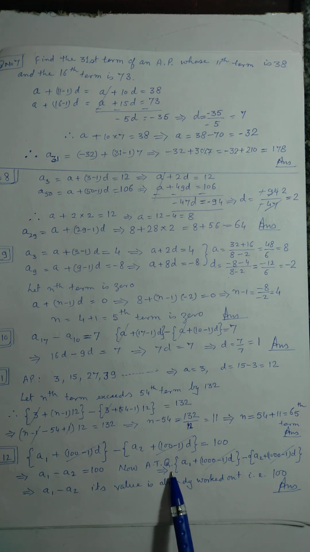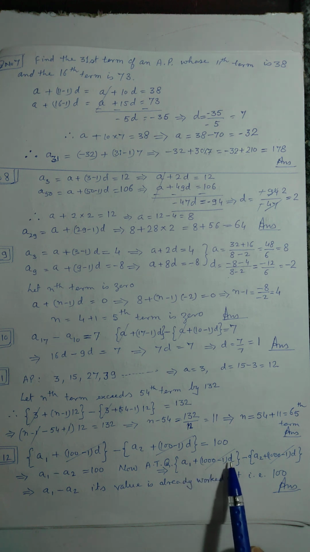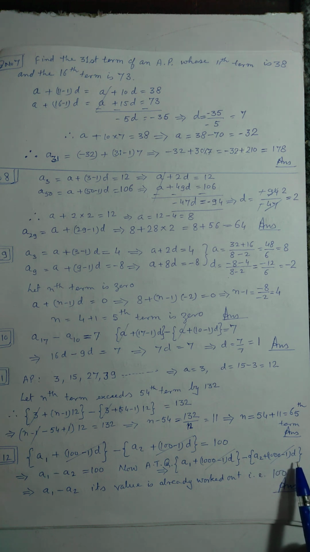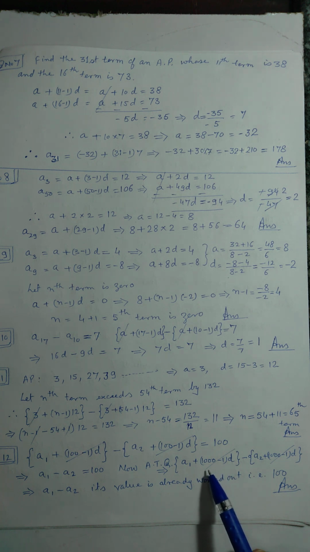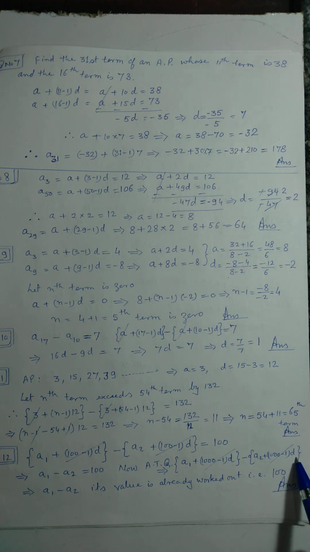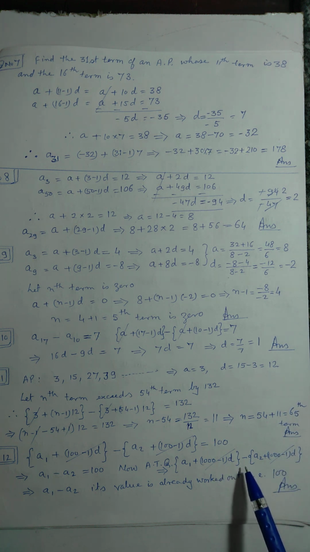Now according to the question, the thousandth term means A1 plus 1000 minus 1 into D, bracket closed, minus A2 plus 1000 minus 1 into D. So these two, 1000 minus 1 into D and 1000 minus 1 into D, both will be cancelled because there is a minus.